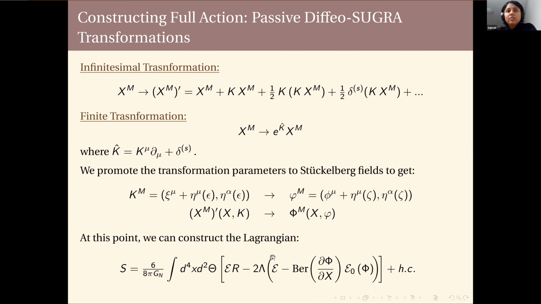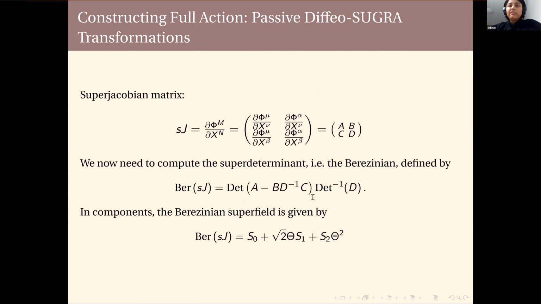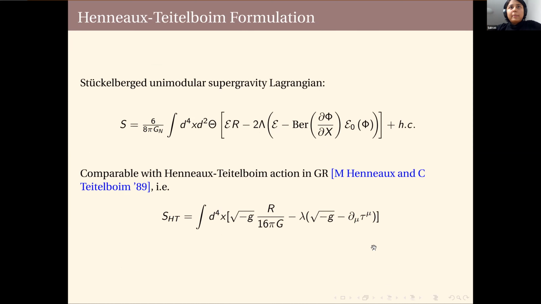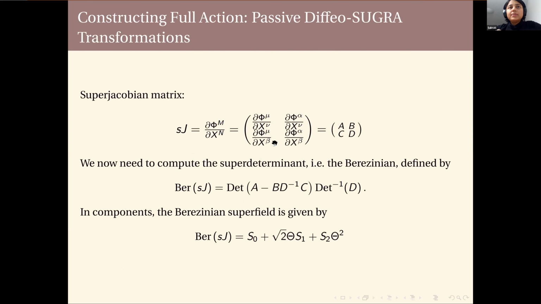And after performing the Stückelberging, we write the Berezinian of the super Jacobian, and this is what the action looks like. I've already shown it before, but it's good to see it again now. If we look carefully at the Berezinian appearing here, this is what it looks like.